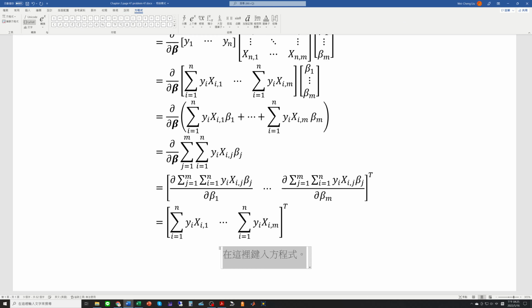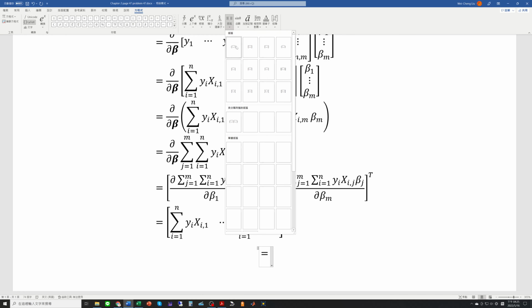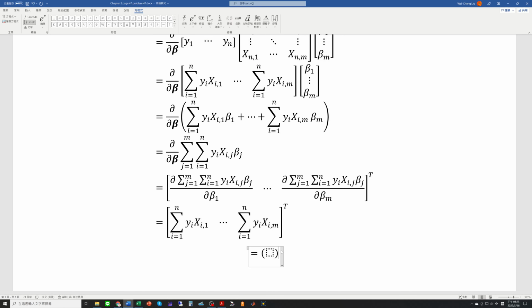So this is equal to, let us input a parenthesis and transpose. So this vector can be separated or can be written as the product of a vector and a matrix.